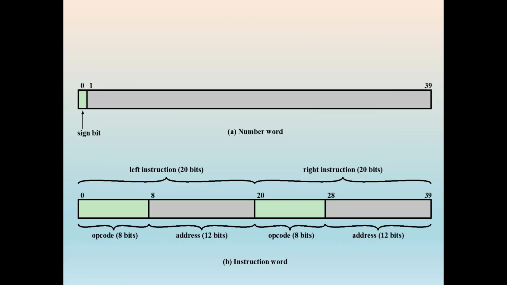This illustrates the format. Each number is represented by a sign bit and a 39-bit value. A word may alternatively contain two 20-bit instructions, with each instruction consisting of an 8-bit operation code, the opcode.